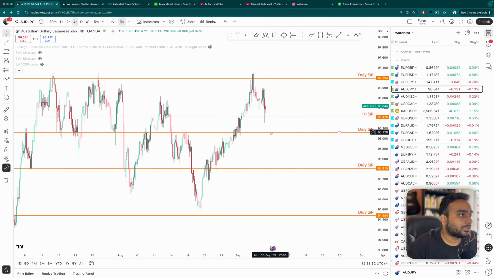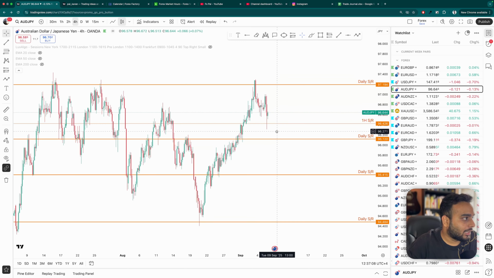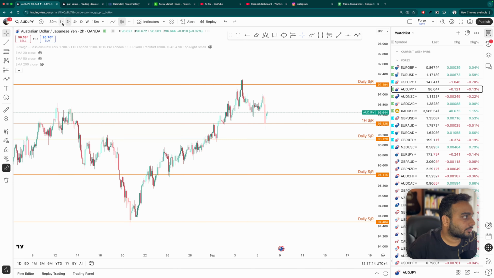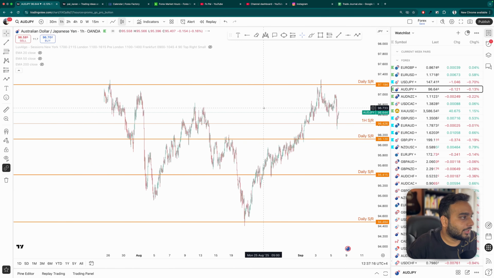So what I want to see is rejections, something like this, like multiple candles rejecting the support area and probably closing a little above this support line. And if that happens, and maybe on a smaller time frame like 30 or 1 hour, I'll take the trade.